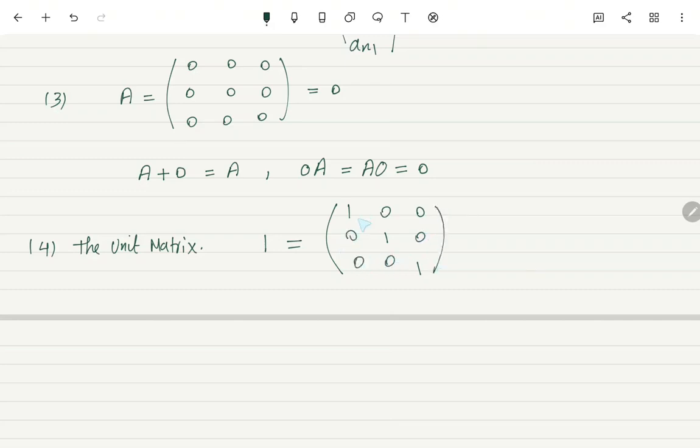And remember this diagonal here. This is called the unit matrix. Note here, this is not a unit matrix.